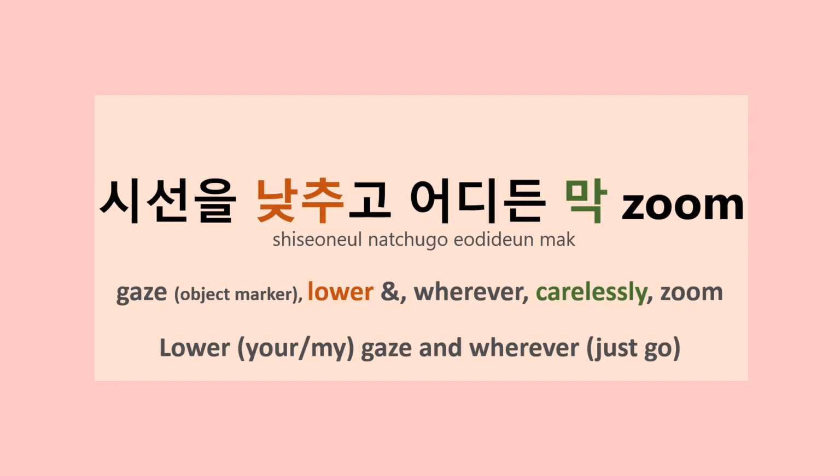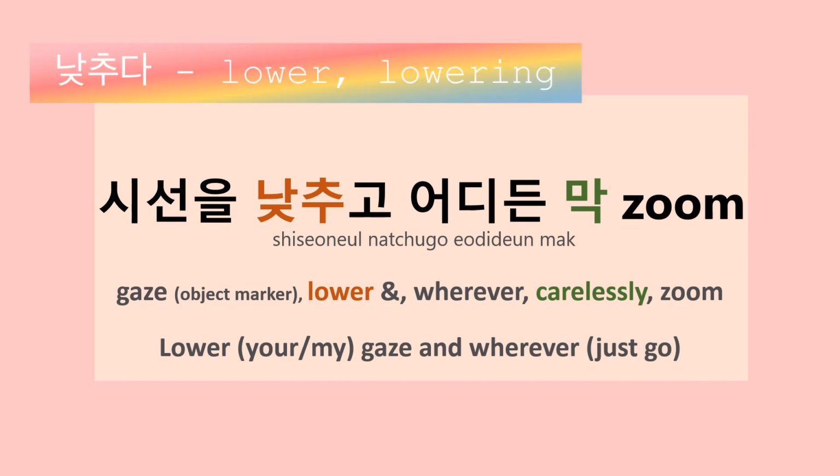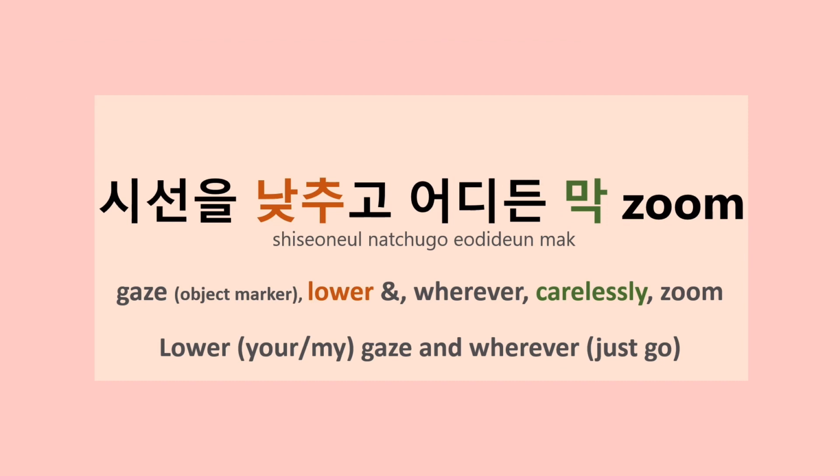시선을 낮추고 어디든 막 zoom. 시선 means gaze and 을 is an object marker. 낮추 comes from the verb 낮추다, which means lower. And 고 is sort of like and.